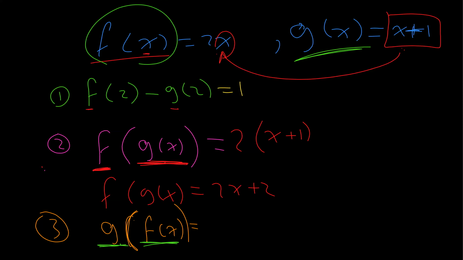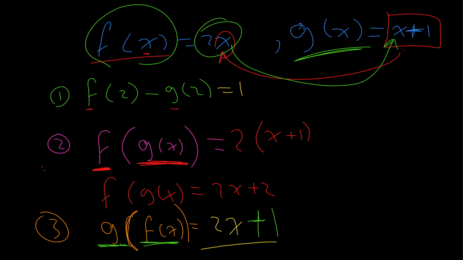What is f of x? F of x is the 2x. So you write it instead of x here. What do you get? As you see, that one, it is x plus 1, which is g of x, right? And instead of x now, I erase the x and I write its value, which is f of x. What is f of x? F of x is 2x. So that means the answer will be 2x plus 1.